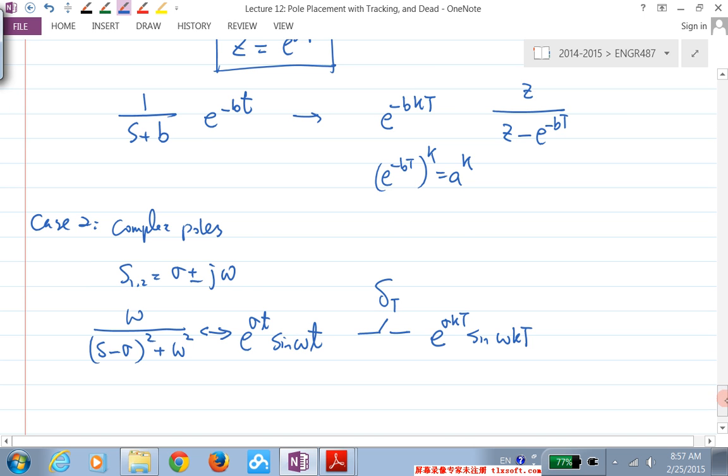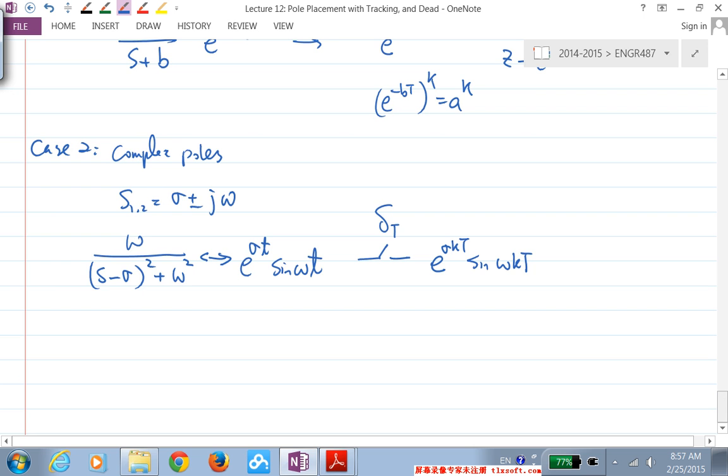Then the question is, what's the Z transform of this? You look at your Z transform table and you will find it.